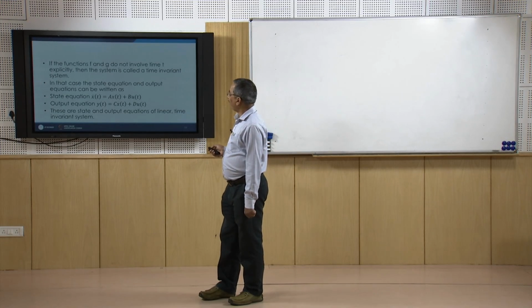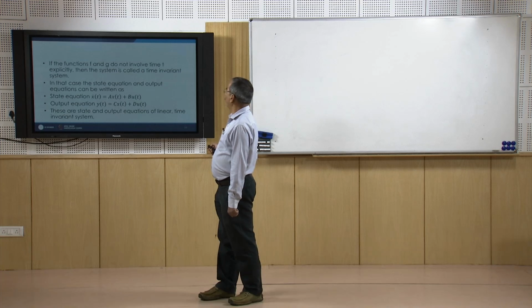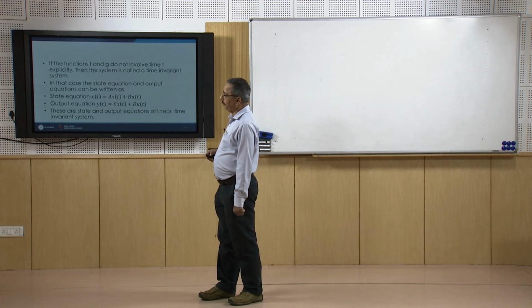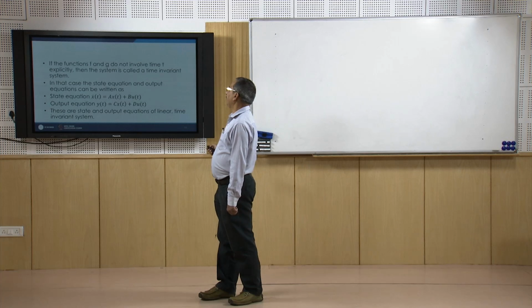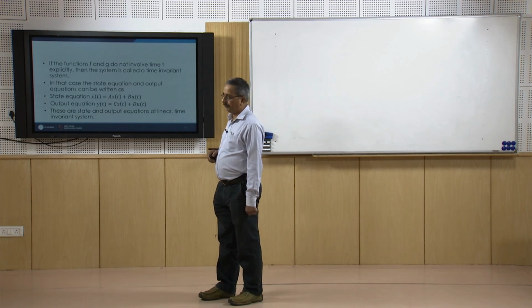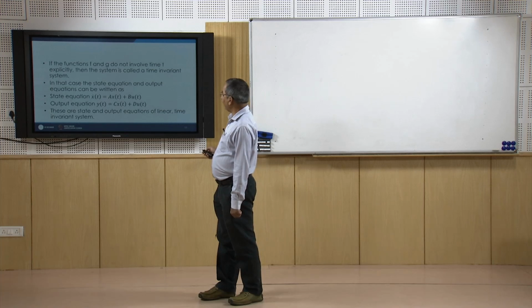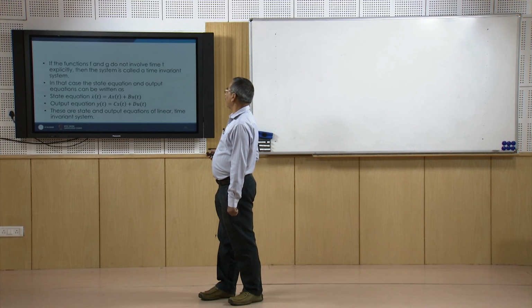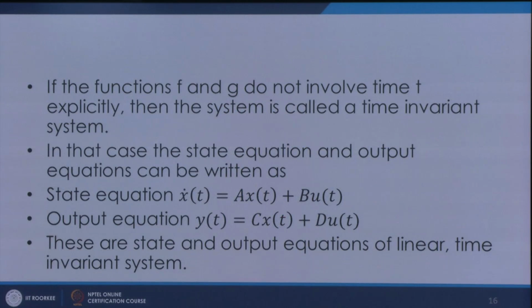Now, if the functions f and g do not involve time t explicitly, then the system is called a time invariant system, and in that case A, B, C and D are not going to be functions of time.